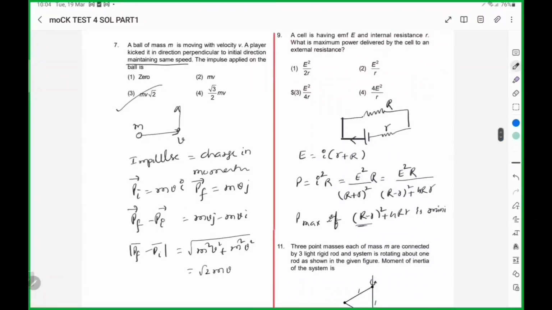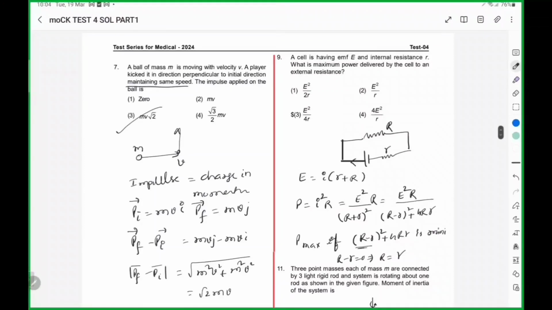It is possible when r is R. Internal resistance and external resistance are the same, then maximum power will be delivered. So then the P maximum will be E square R by, R plus R is 2R, that is 4R square, which is E square by 4R.